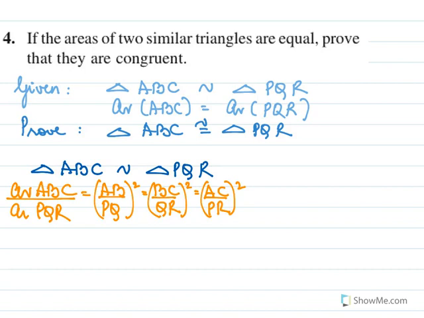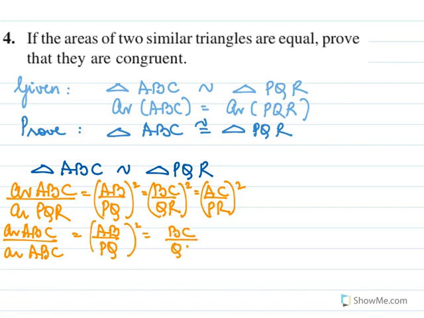But these triangles have equal areas. See, here they've given the areas are equal. So for area PQR I can also write area ABC, because area ABC equals area PQR. So 1 equals AB over PQ the whole square, equals BC over QR the whole square, equals AC over PR the whole square.